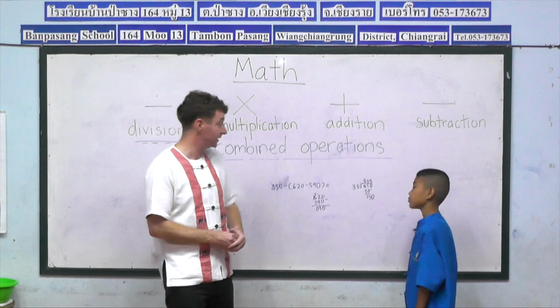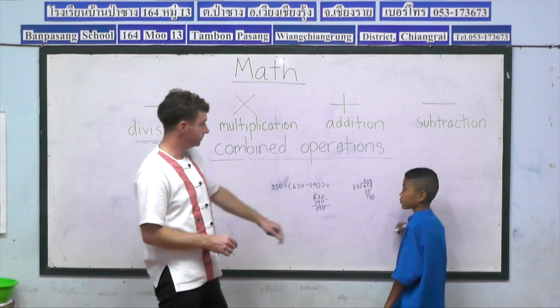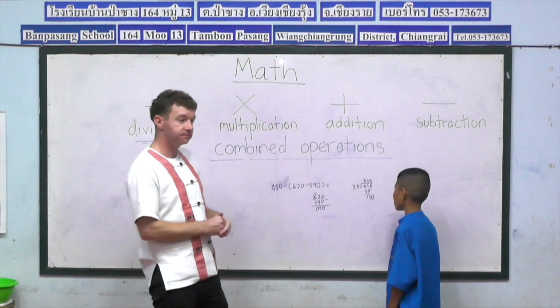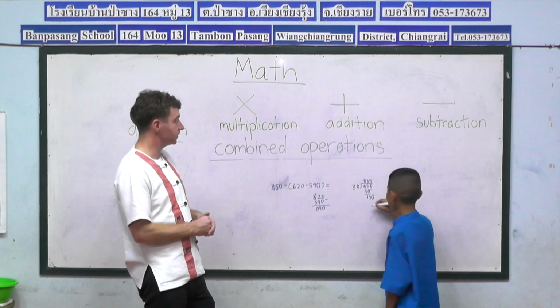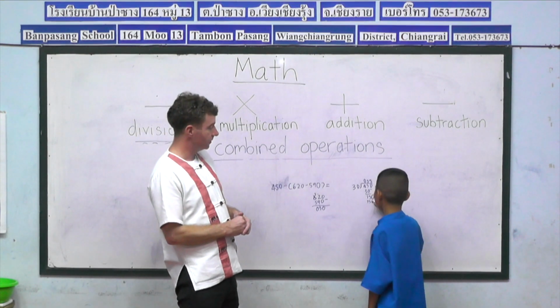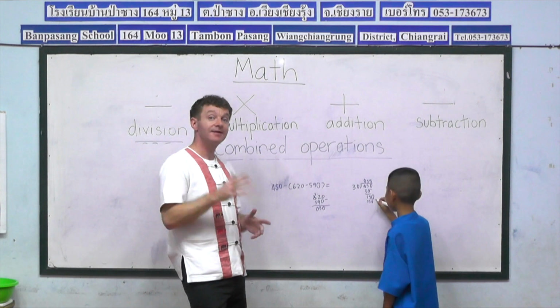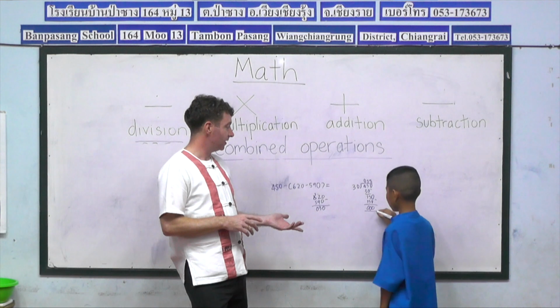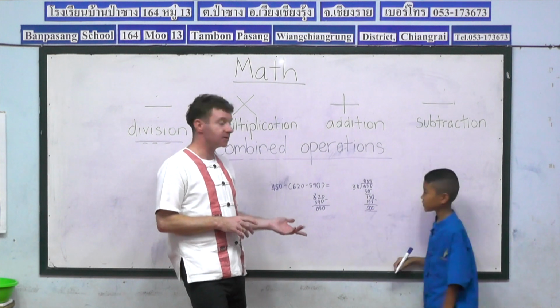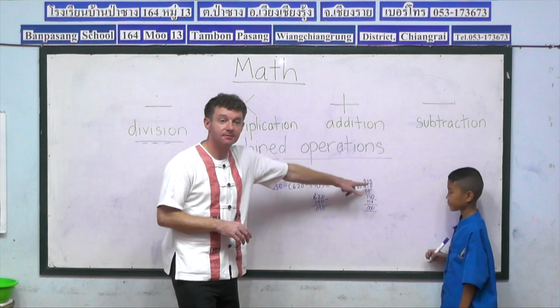Our answer is 5. So now, 5 times 30, 150, yes? And now we have our answer, 15.